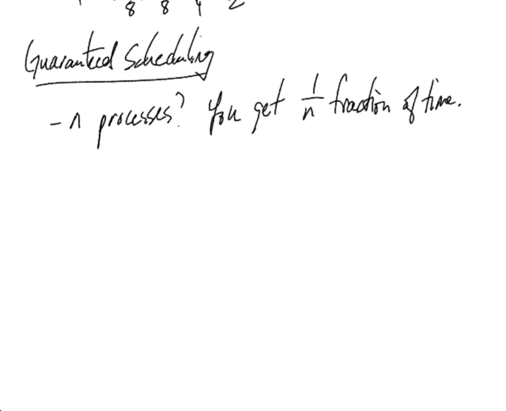Now this is difficult to implement, because n is changing all the time. We're adding processes. Processes are finishing. We have to keep track of how long a process has taken. It's a moving target. So n is a moving target.